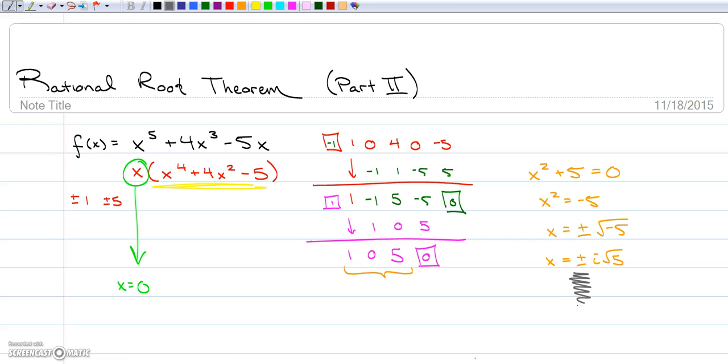This problem, the original said x to the 5th plus 4x to the 3rd minus 5x. We could have written that out as x times x minus 1 times x plus 1. And then, because I'm feeling kind of adventurous, I could do something like x plus i radical 5 and x minus i radical 5.